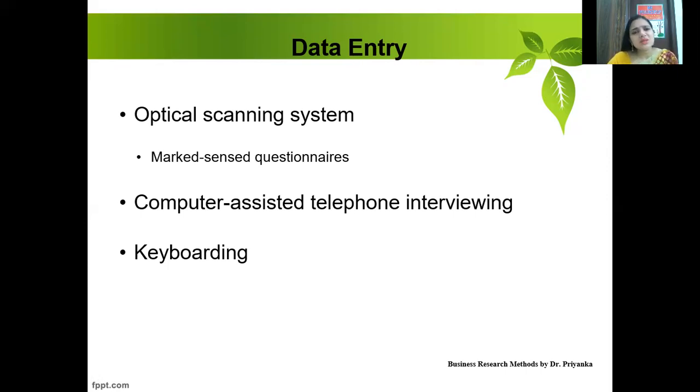But in the case of questionnaires, this is the least followed method, because generally a questionnaire comprises all kinds of questions, but still sometimes we have these questions as well. That is why I've mentioned it. Mark-sensed questionnaires are one of the methods of data entry. Then computer-assisted telephone interviewing, that is actually done at the time of interview only. And then keyboarding.